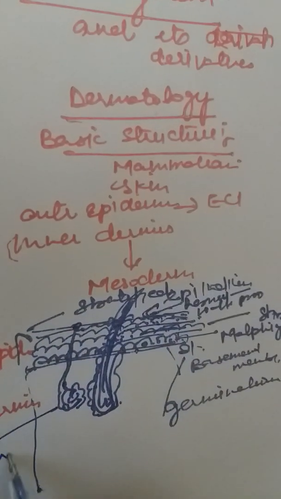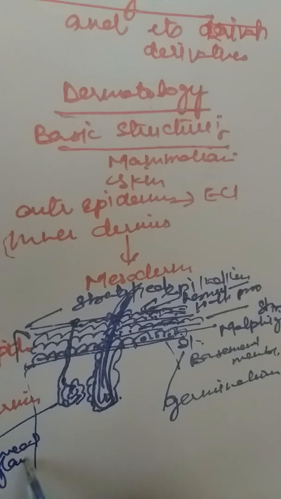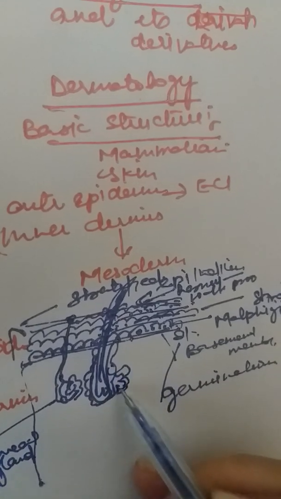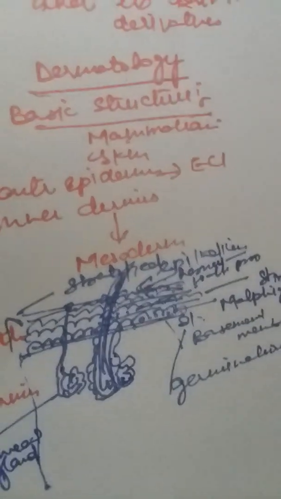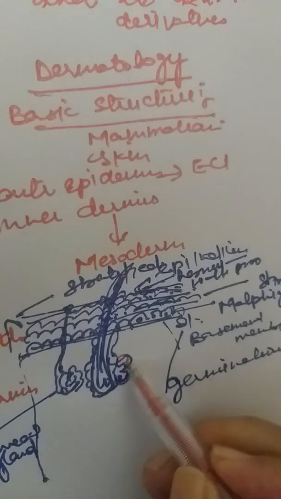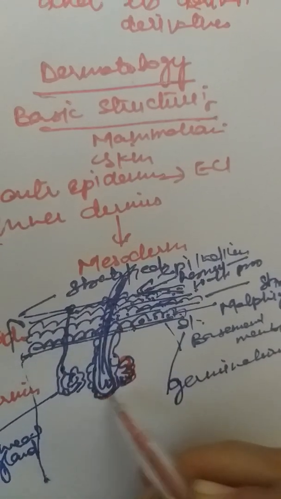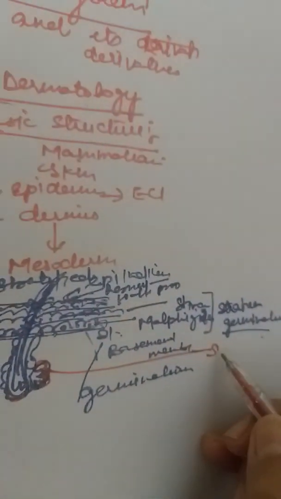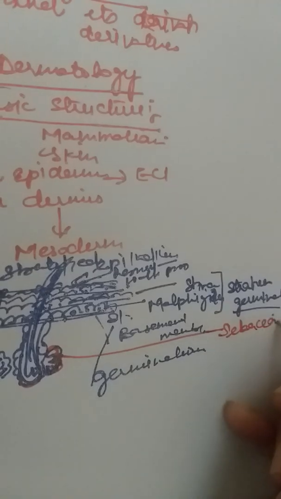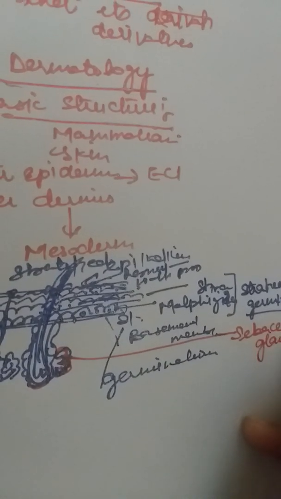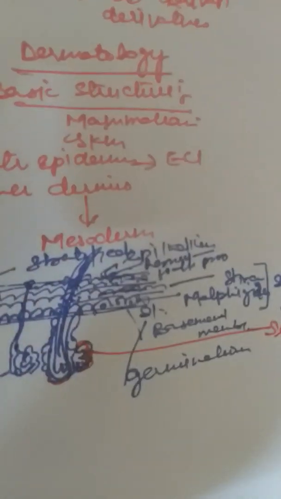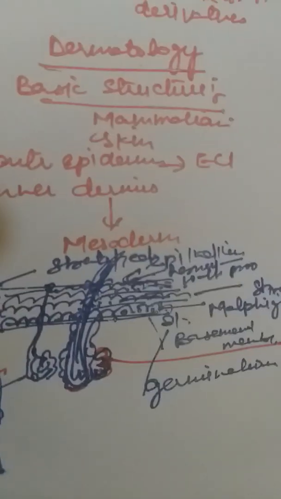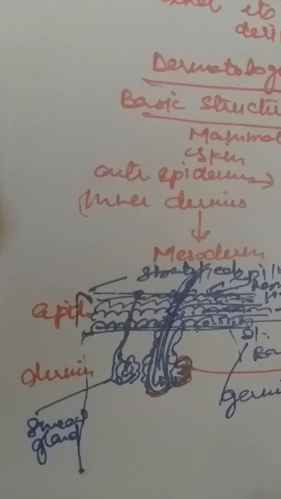This is the sweat gland. Associated with the hair follicle are the sebaceous glands.